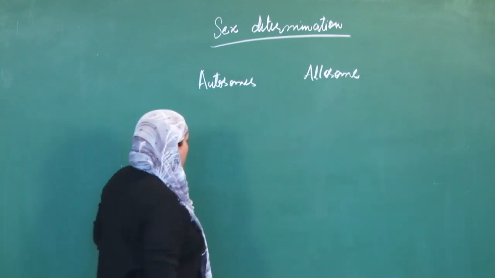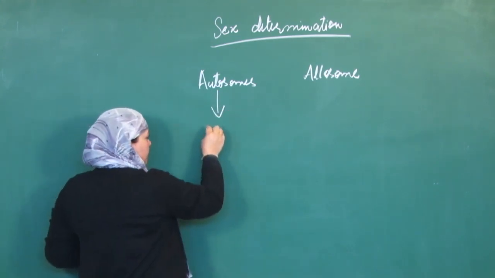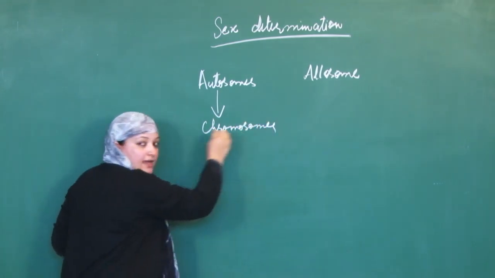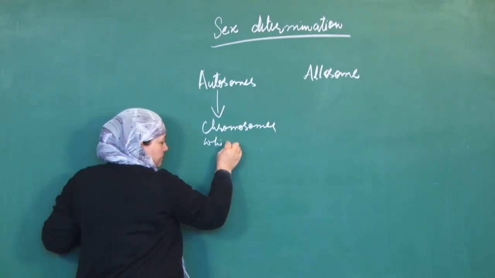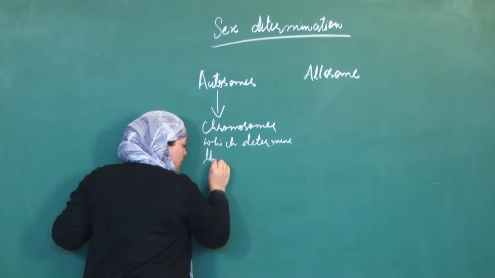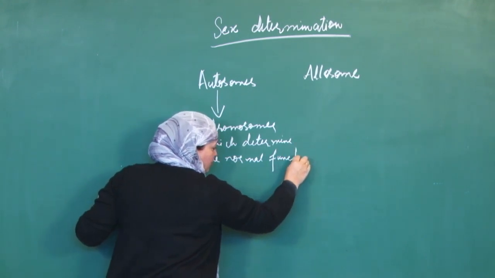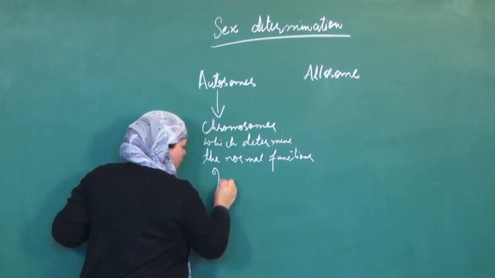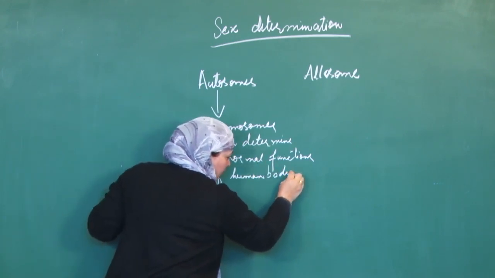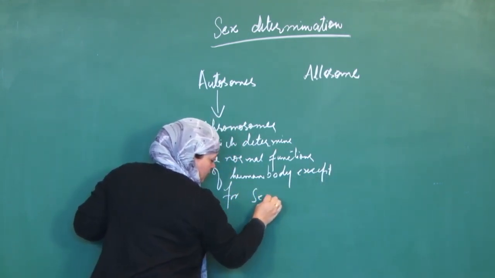What are autosomes? Autosomes are the chromosomes which determine the normal functions of the human body, except for sex determination.